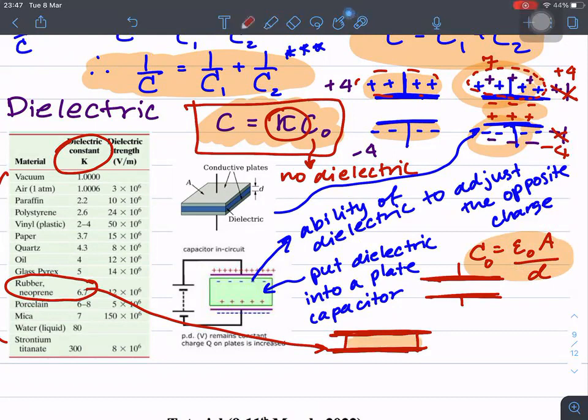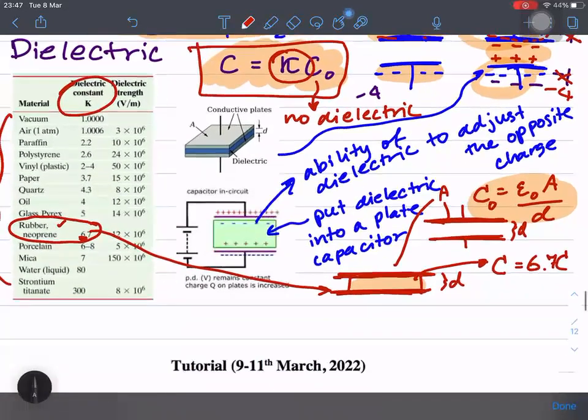But if I add the dielectric material, the dielectric constant of rubber is about 6.7. So with the same A and the same D, the capacitance of the capacitor with dielectric would be 6.7 times the C with no dielectric, right?